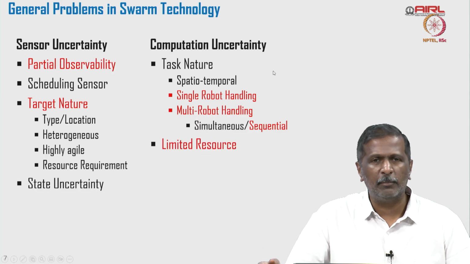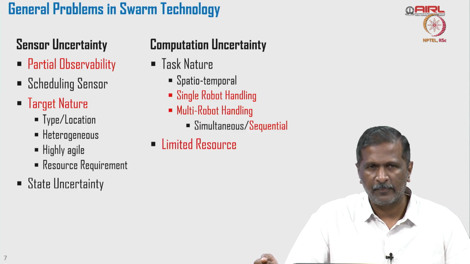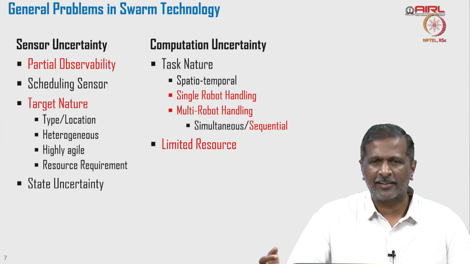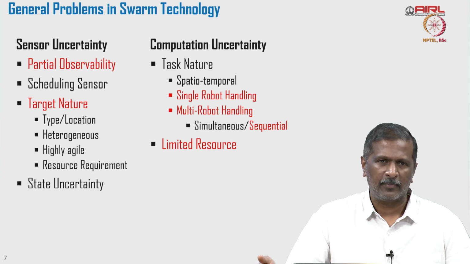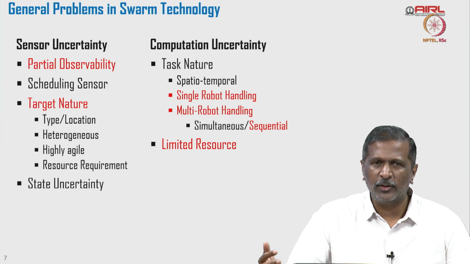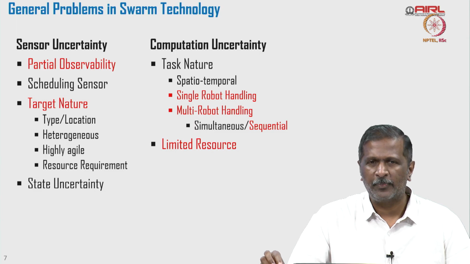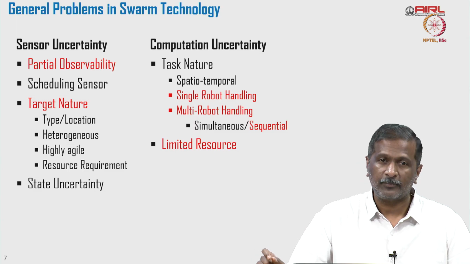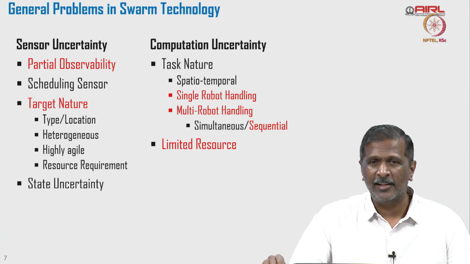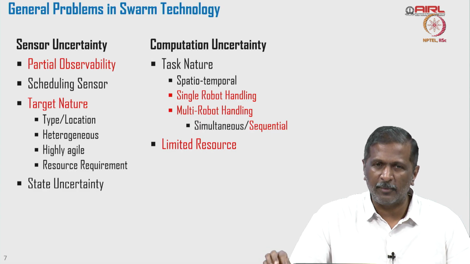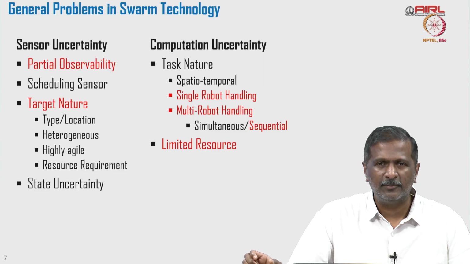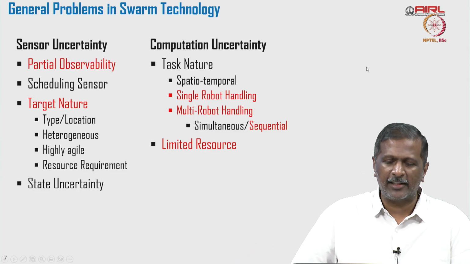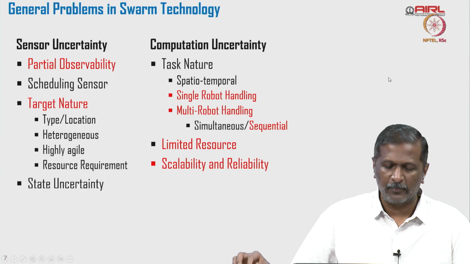I have a limited computational resource. I can't run complex algorithms. I have to use my computational resource very efficiently. Not only computational resource, every target requires certain action to be performed. To perform that action, I have a resource on board that is also limited. I have to use that resource effectively.